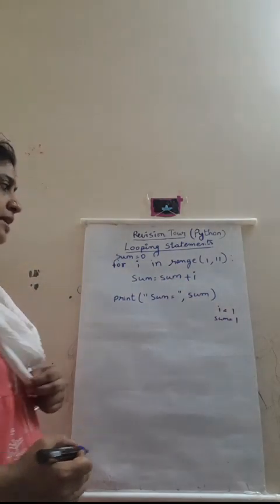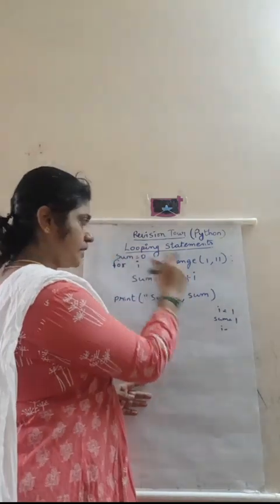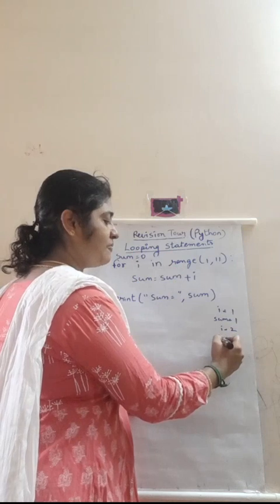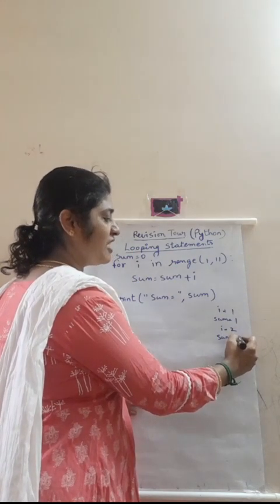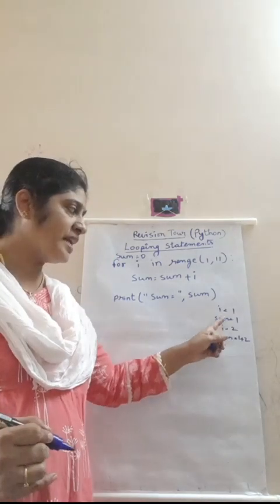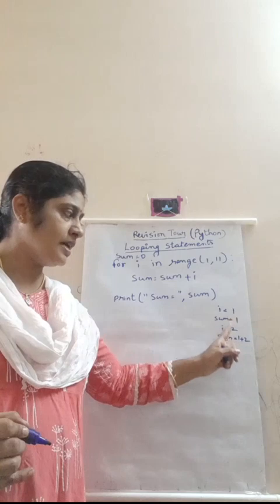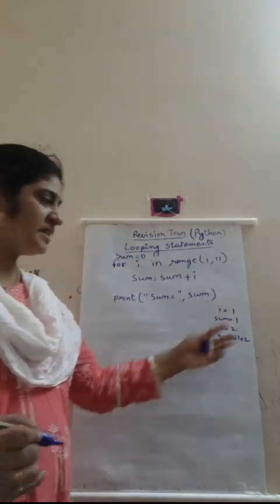Sum will be 1. And next time the I value will become 2 and sum will become 1 plus 2, it will be 3. Already it is 1. Now this 2 will get added, it will be 1 plus 2, so it will be 3 now.